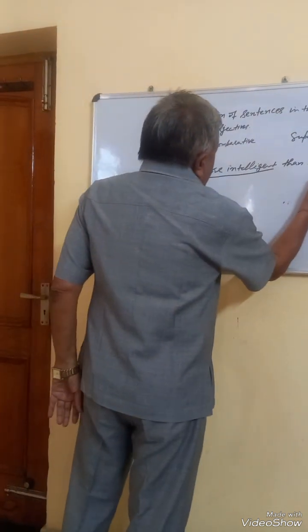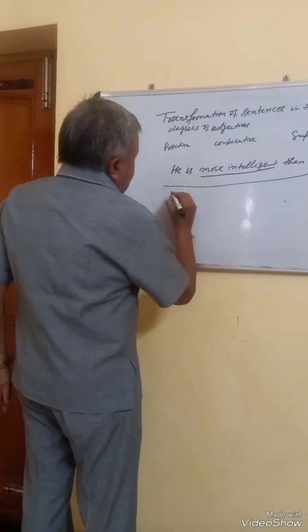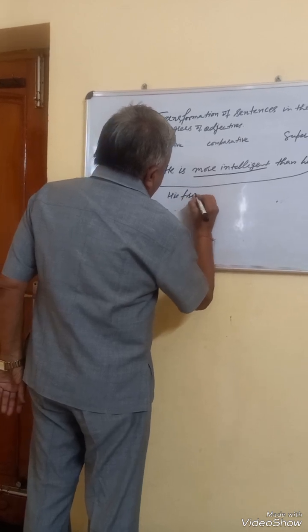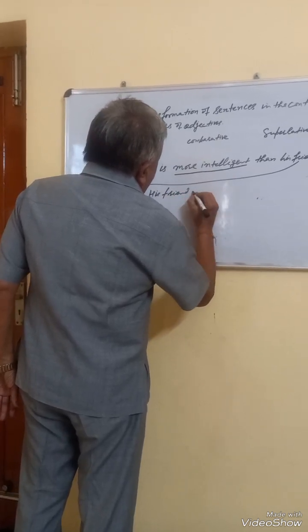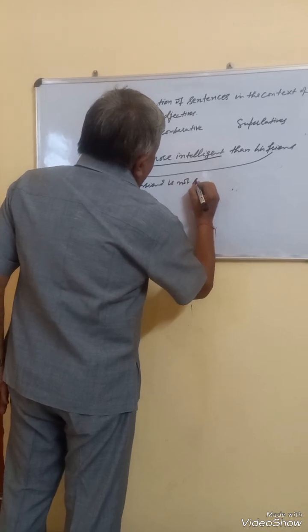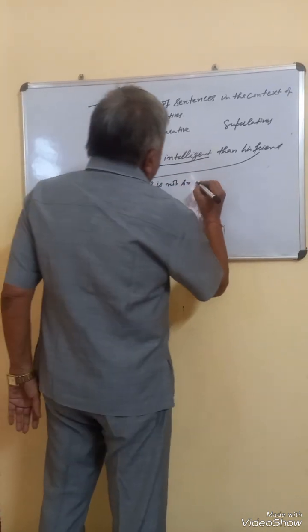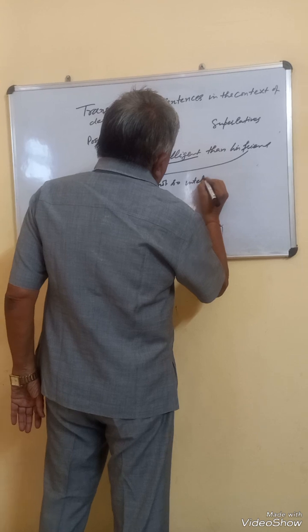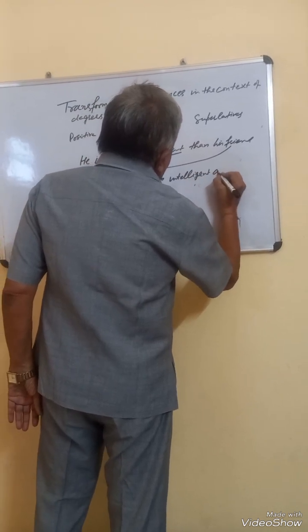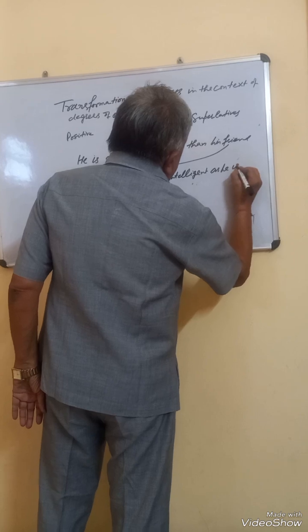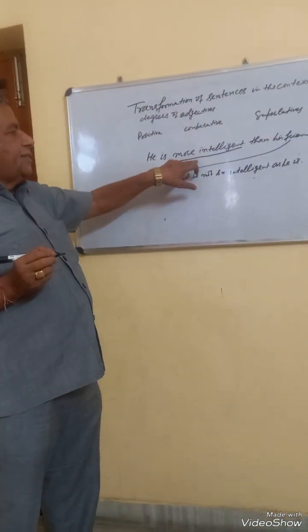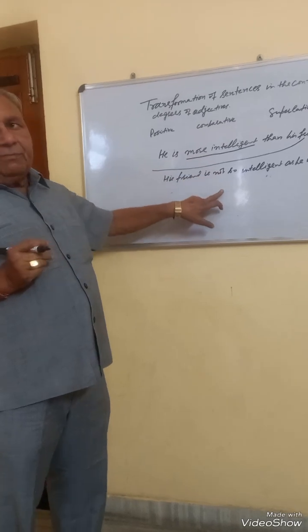So this very meaning can be conveyed by using positive degree if we make the following changes. His friend, this should be placed first. Is not so intelligent as he is. This sentence and the sentence given above have the same meaning.